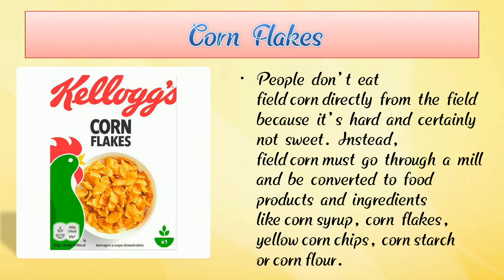People don't eat field corn directly from the field because it's hard and certainly not sweet. Instead, field corn must go through a mill and be converted to food products and ingredients like corn syrup, cornflakes, yellow corn chips, corn starch, or corn flour.